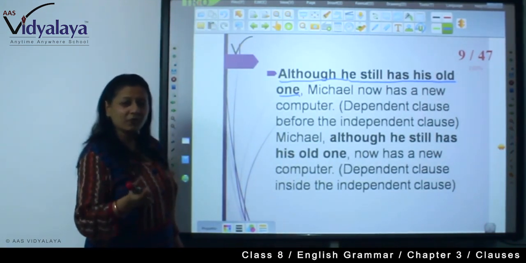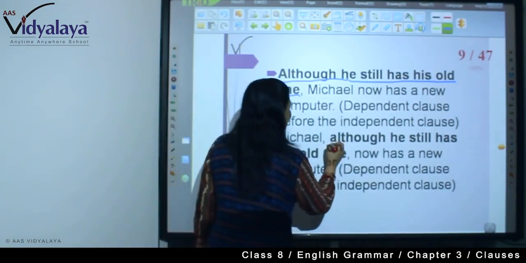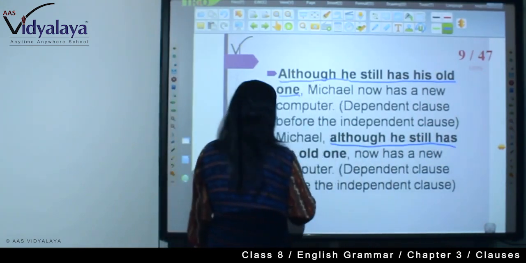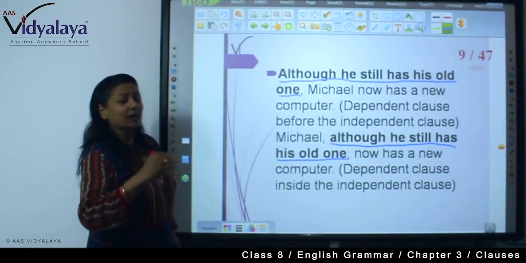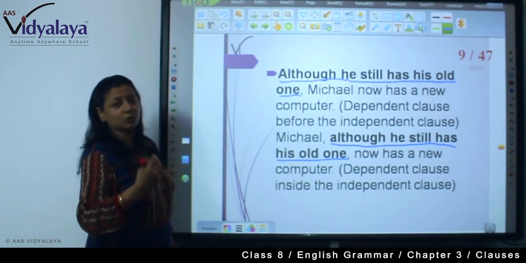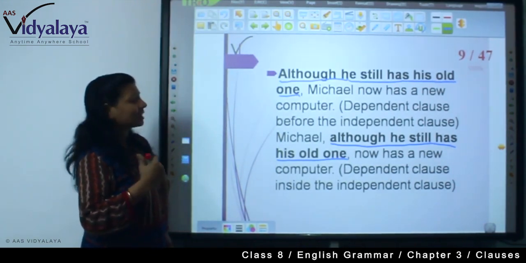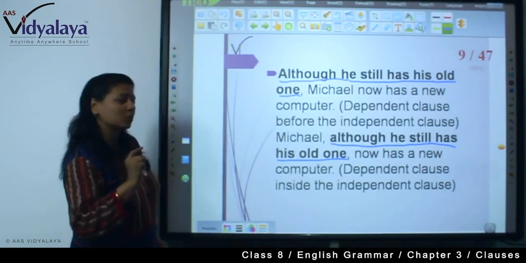It can be anywhere, right? The dependent clause inside the independent clause, with the punctuation mark, we have done this. So, in this way, that's why it is said that you can give style to your writing. You can give tremendous power to your writing if you learn clauses.